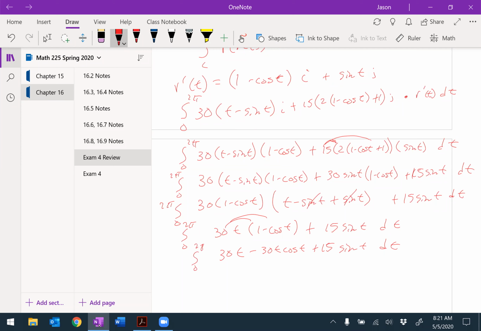Now I'm going to integrate this in pieces, because the middle term I have to integrate by parts.